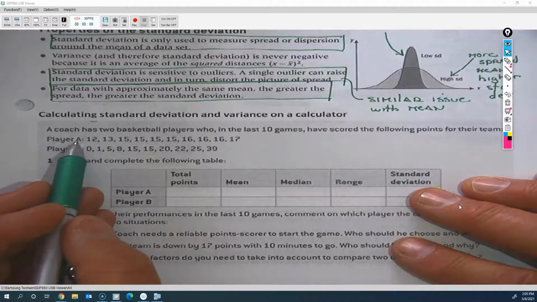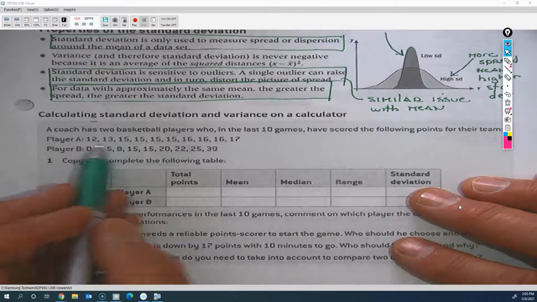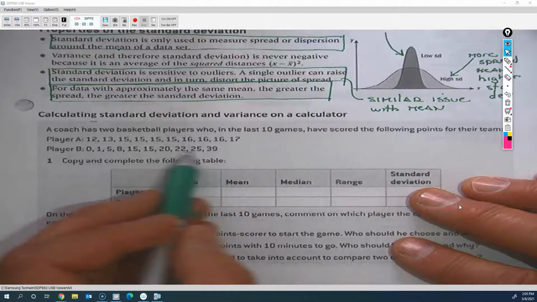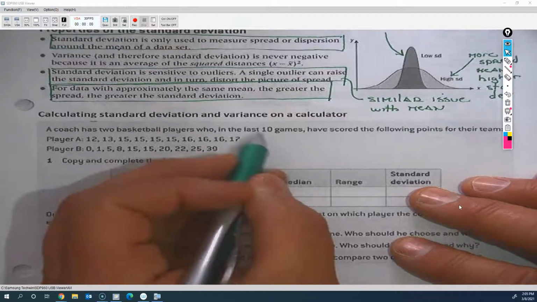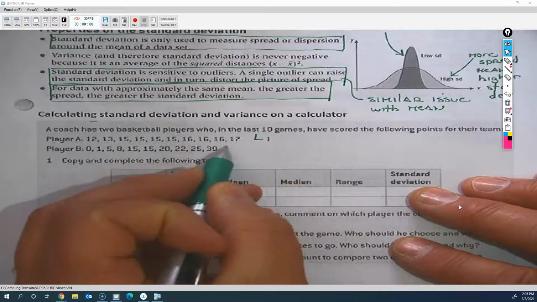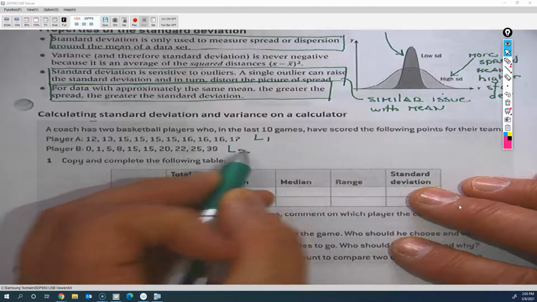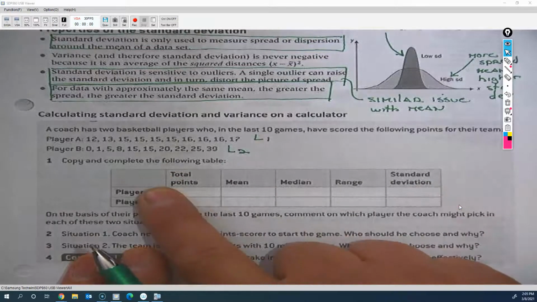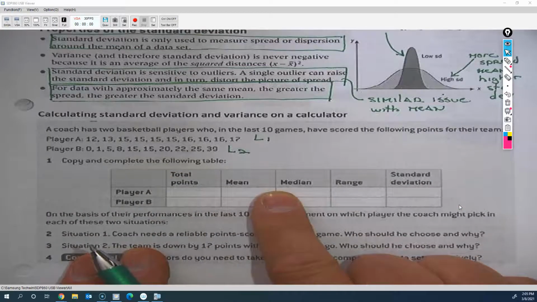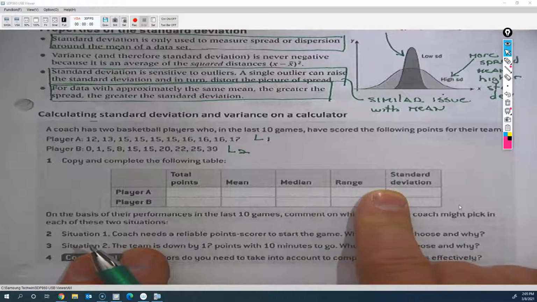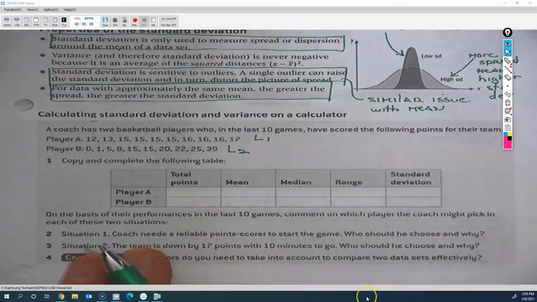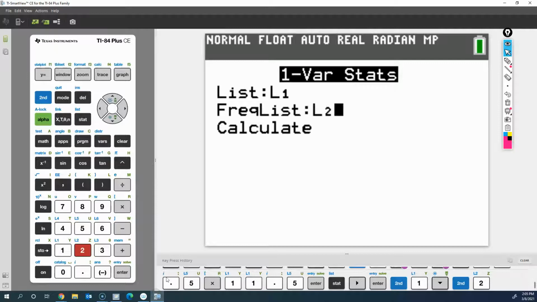So in the last 10 games, this is what player A scored, and these are the points player B scored. So on our calculator, we're going to put those into list 1 and list 2. And then we're going to use the calculator to get the mean, median, the range, and the standard deviation. All right, so open up your calculator.